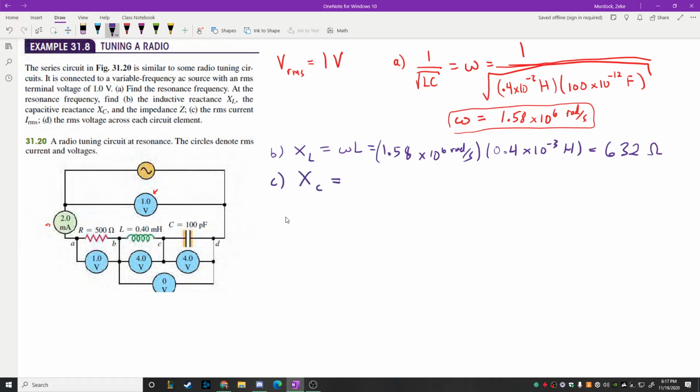Okay, we're going to calculate X sub C as well, which is 1 over omega C. What do we expect to get? What should X_C be equal to in this case? Do we know in advance what we're expecting to get here?